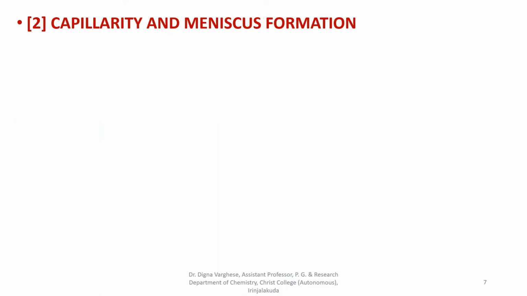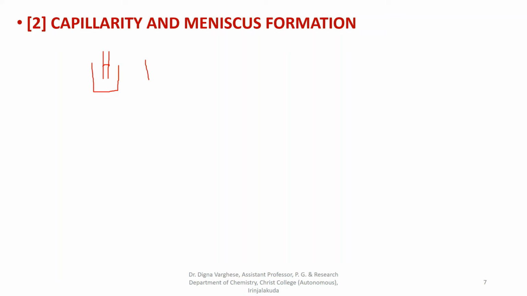Capillarity and meniscus formation. When a capillary tube, a tube having small diameter glass tube, is dipped upright in water or any liquid, there will be a rise that occurs, which is known as capillary rise.